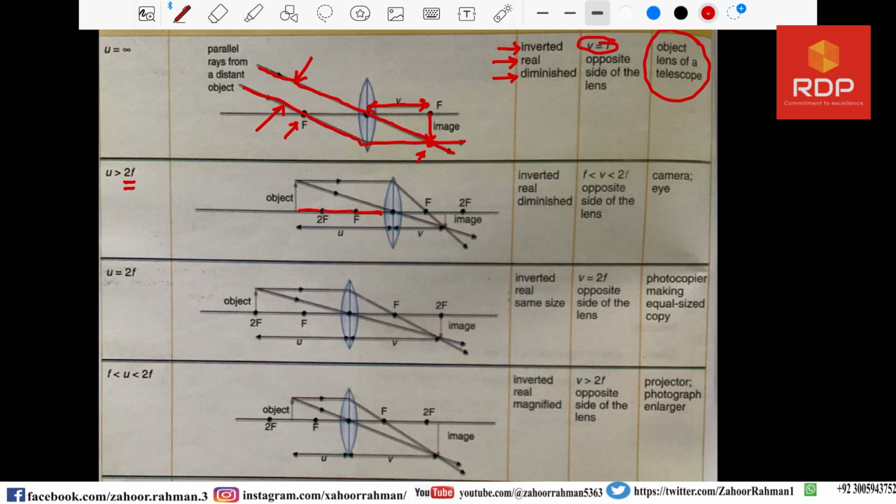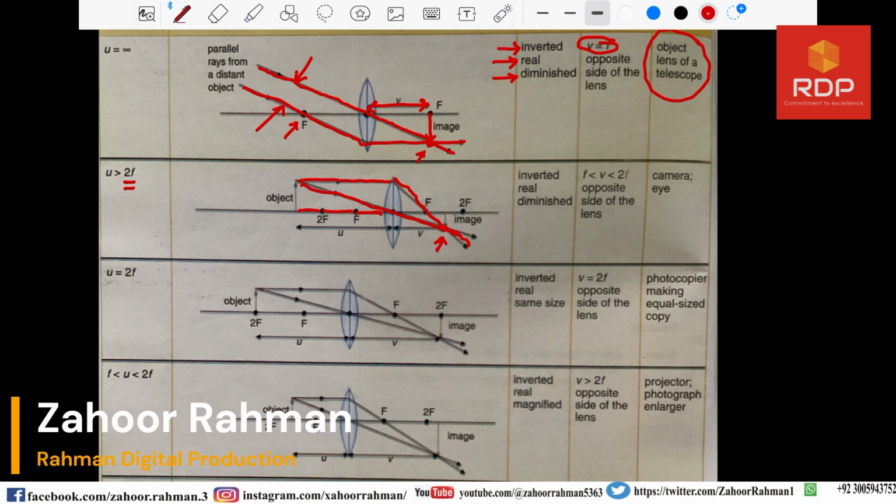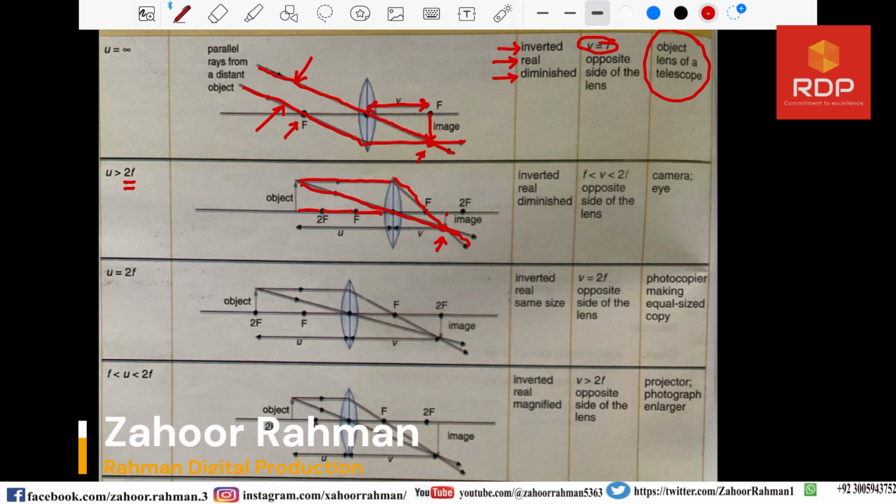Then what will happen? We have to draw a line from here, and we will converge it to the first focus point, remember. Similarly, one line will go directly from here, so they will be intersecting each other at this particular point, and then we have to draw this image line.